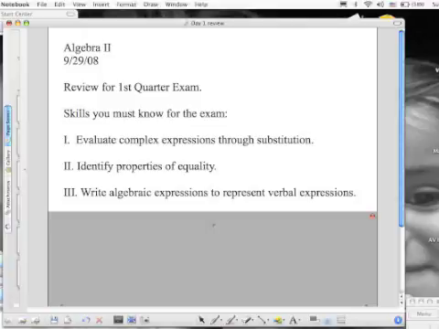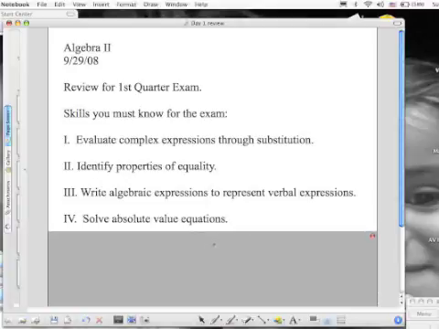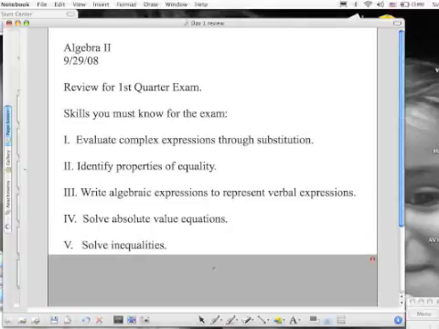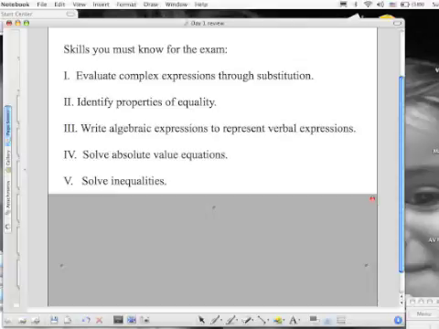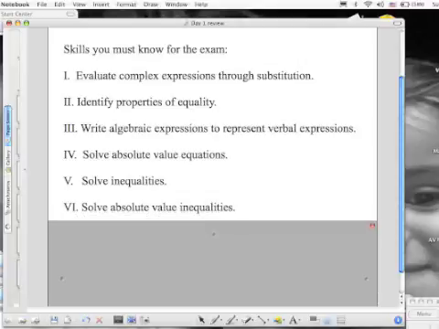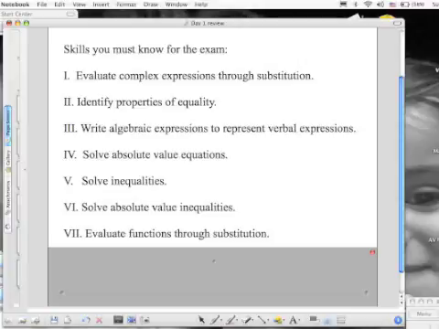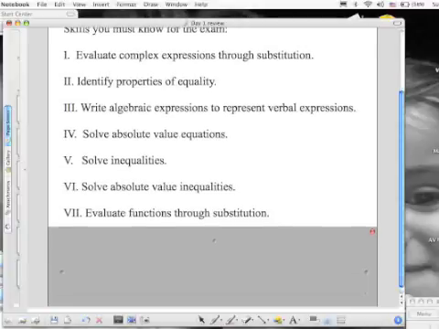Okay? We are also going to solve absolute value equations, which is different from what we just learned last week. Last week we were graphing absolute value functions. If you recall from chapter 2, we were solving absolute value equations. You will be asked to solve inequalities, absolute value inequalities, and I'm going to go over all this in detail again, and evaluate functions through substitution.